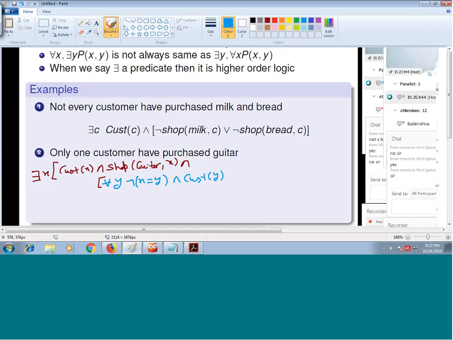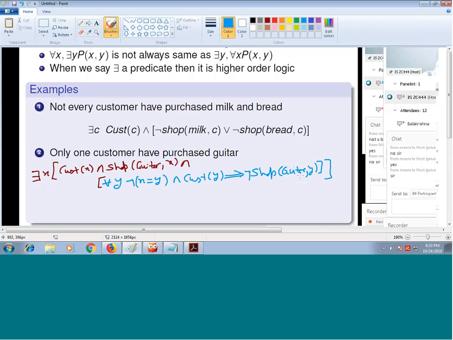If these two things hold, it means that he has not shopped for the guitar. Y has not shopped for the guitar. Can you understand this? Is it easy? Yes? Alright.